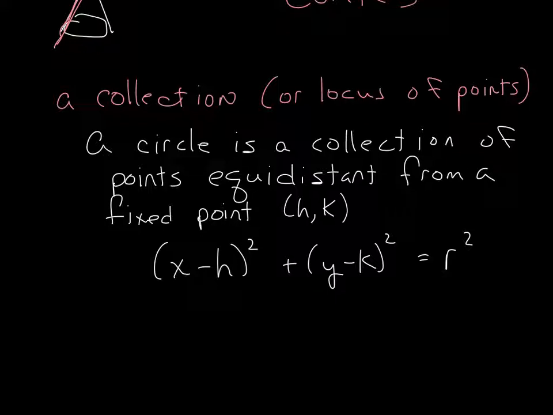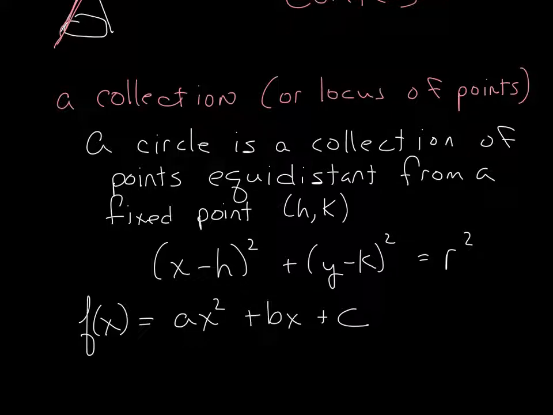Now, we learned when we looked at a parabola before that we called it a quadratic equation. What we have seen before is in the form f of x equals ax squared plus bx plus c. This is a parabola that's either going to open up or down, but you could have a parabola that opens sideways.